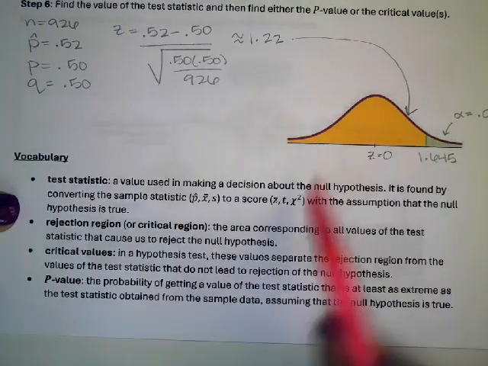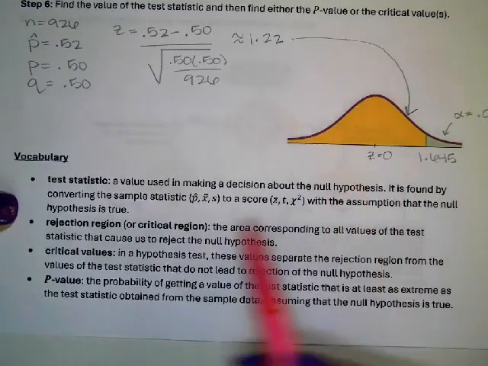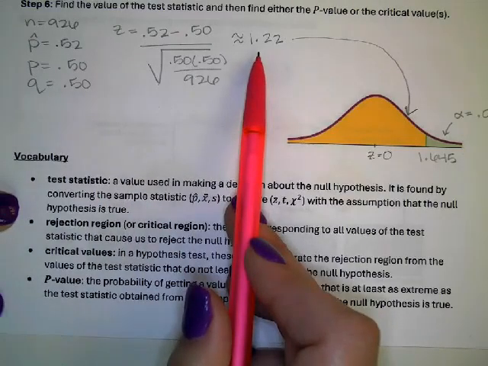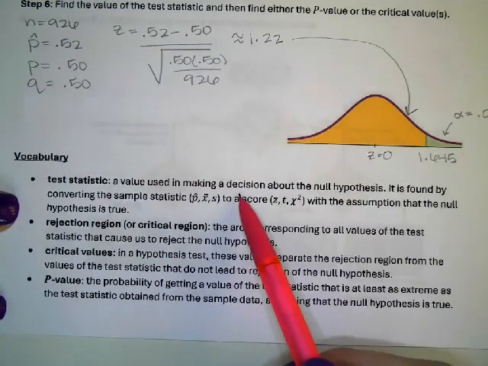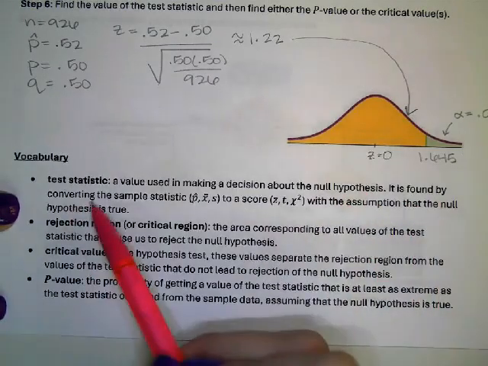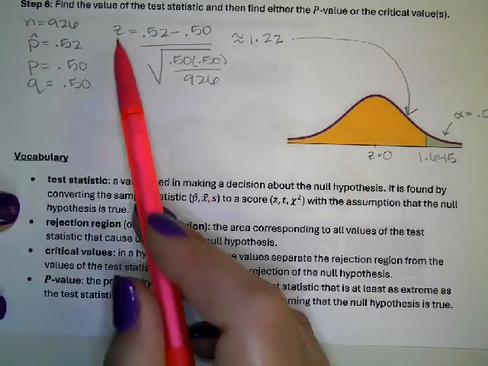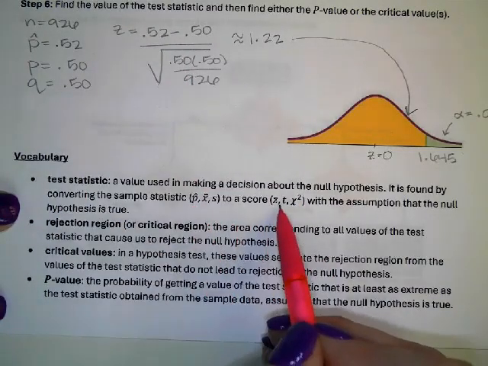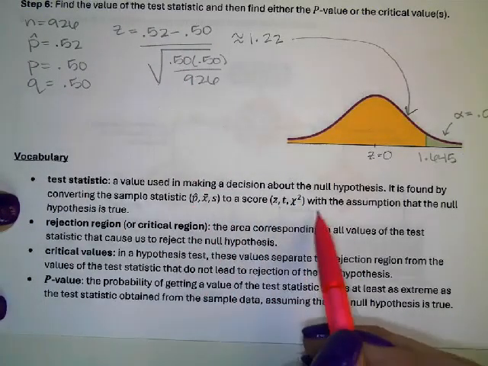The test statistic, that 1.22 that we just found, is a value used in making a decision about the null hypothesis. That's what we're going to use it for. It's found by converting the sample statistic, in this case the p hat, to a score, in this case a z-score, with the assumption that the null hypothesis is true. That's what we're trying to figure out right now.